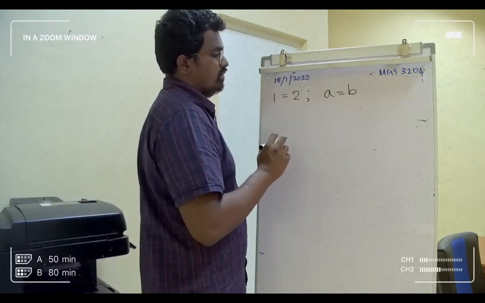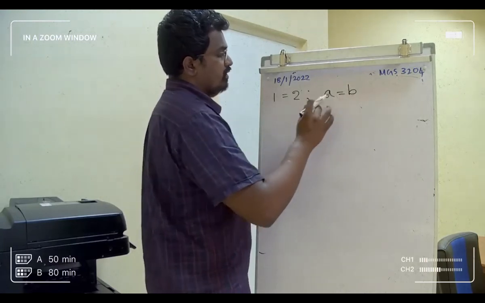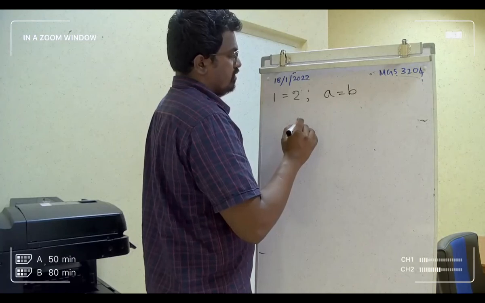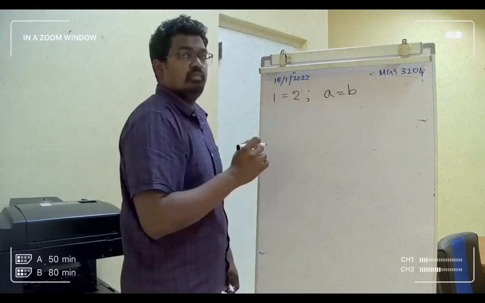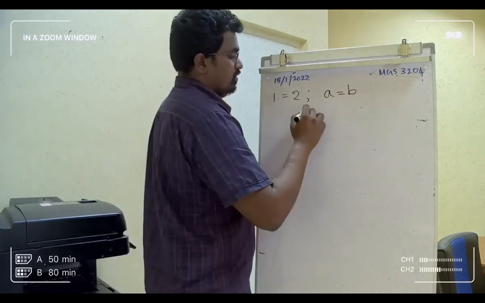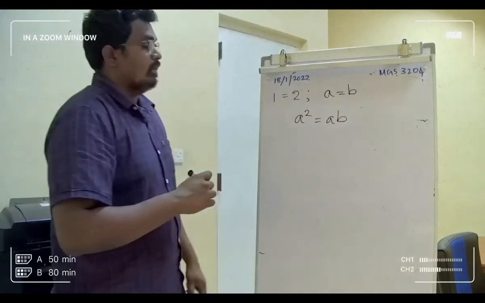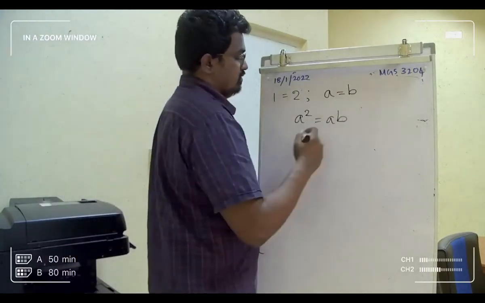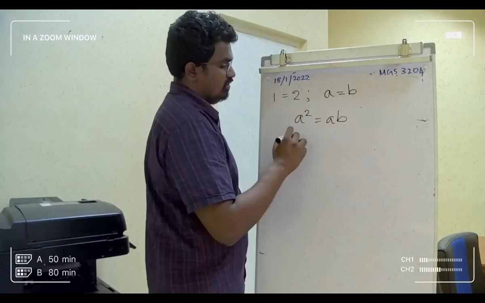Now let me multiply a equals b by a. Then what will we get? What will be the outcome? A squared. Yeah, maybe. Okay. And now let me subtract b squared from both of these.